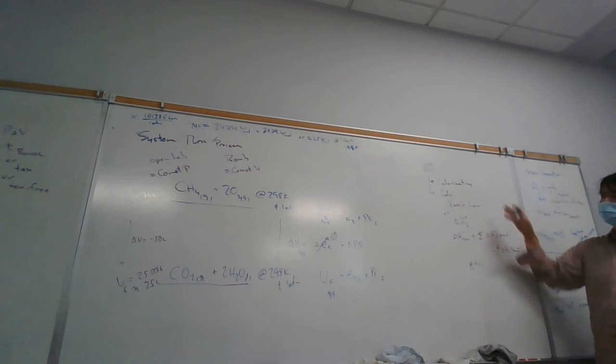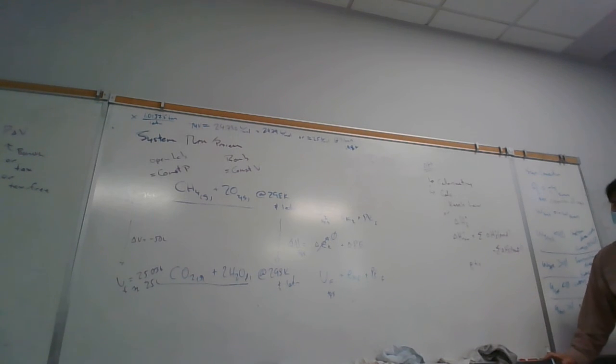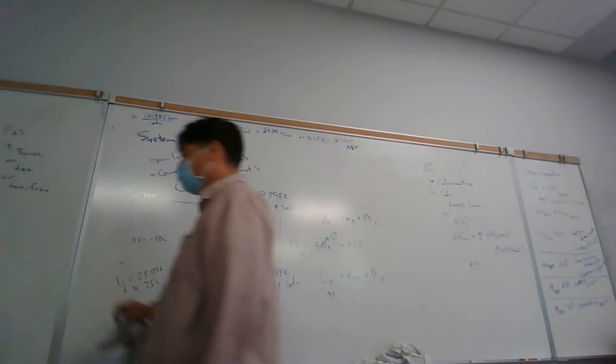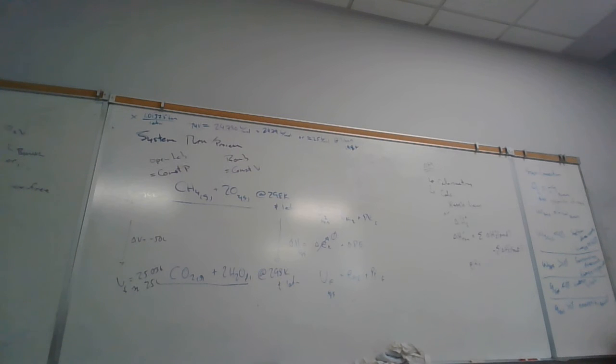And so we can figure out what's going on with the energy part of the driving force, but we also need to figure out what's going on with the entropy part of the driving force. And so let's talk about entropy.